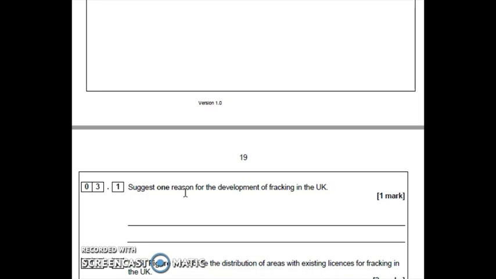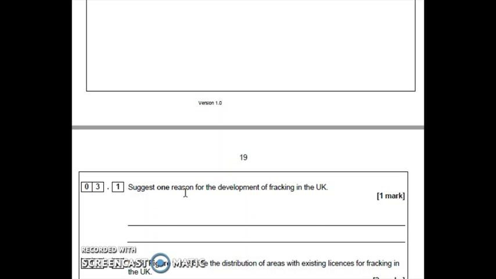Now, it's the idea that if you can get your own source of energy, it gives you what's called energy security. So you don't have to get it in from other places, because if you are having to buy energy from other European countries or from countries in the Middle East, it's going to cost you a lot more.